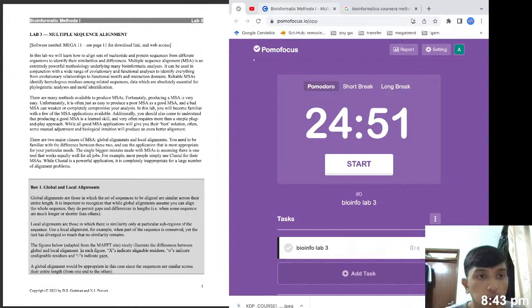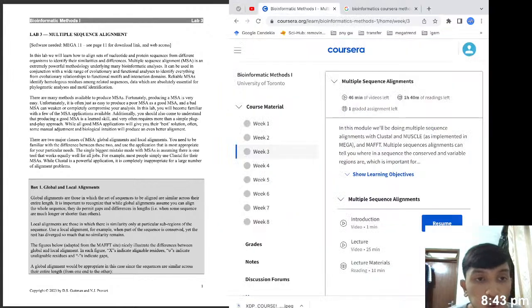Karena aku mau ngambil juga Bioinformatik metode 2, jadi ada 2 course, yang metode 1 sama metode 2. Dan kita bakal merekam dan berlive bersama.